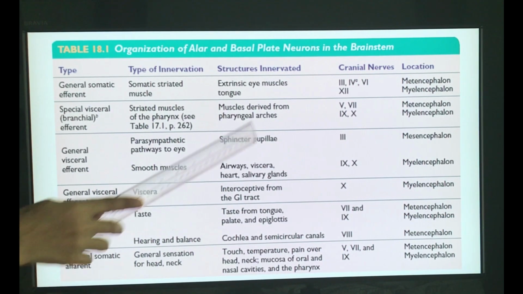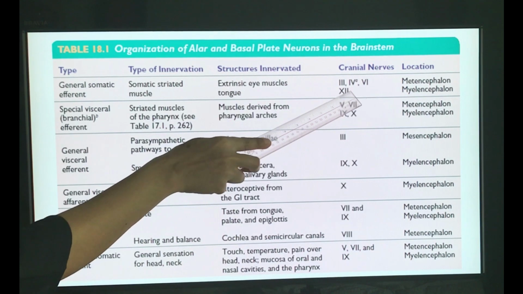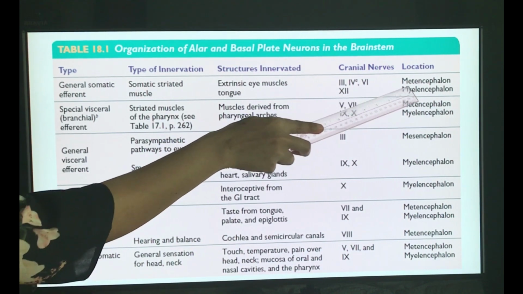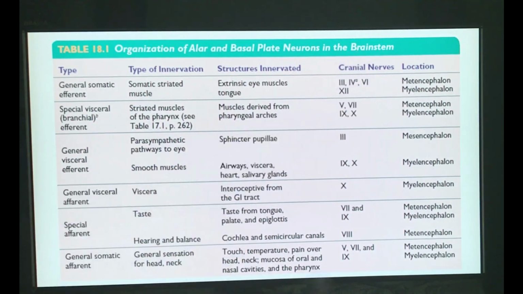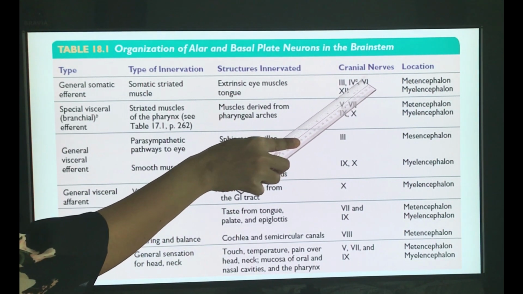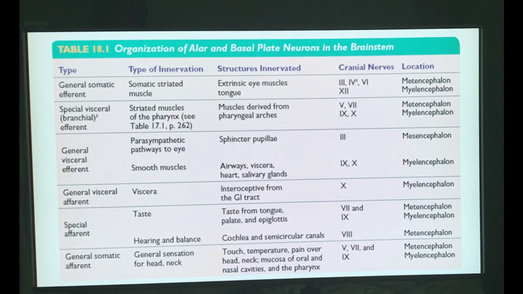Among these cranial nerves, the 12th has its nucleus in the myelencephalon, that is the developing medulla oblongata. The 6th is from the metencephalon, that is the pons; it has its nucleus in the pons.